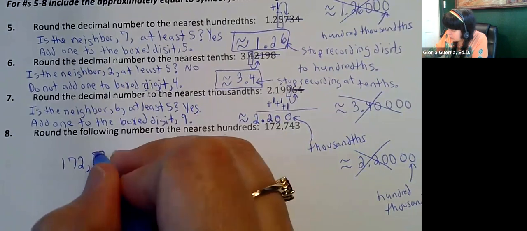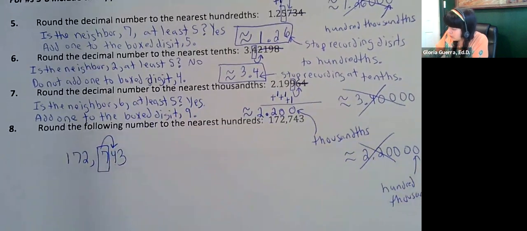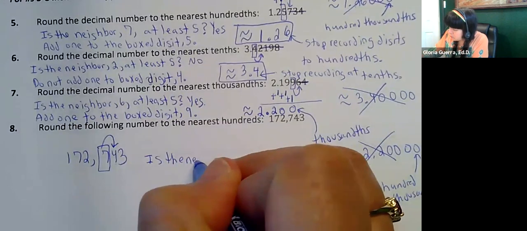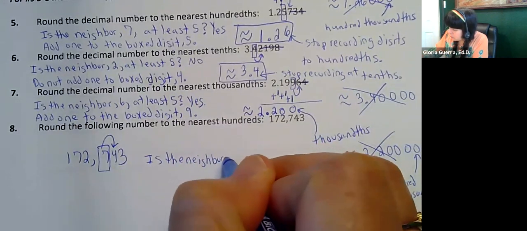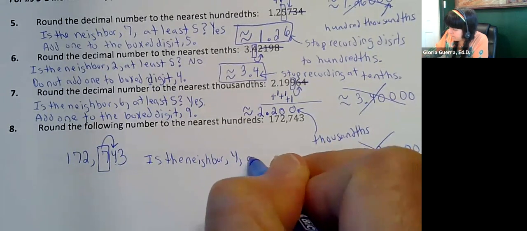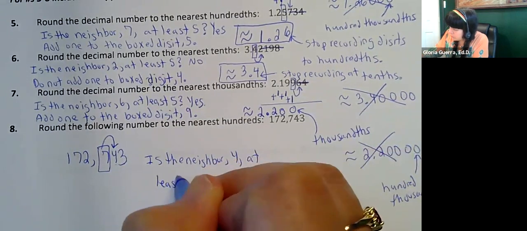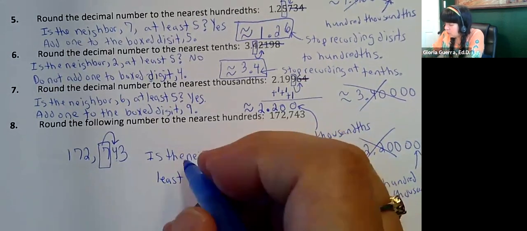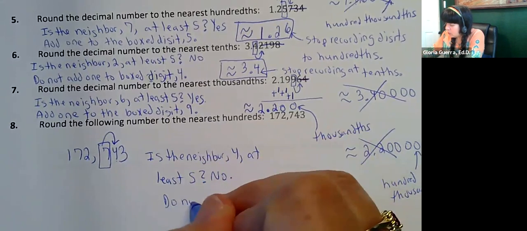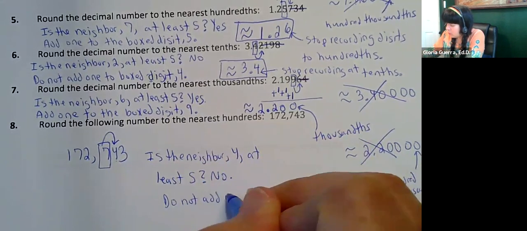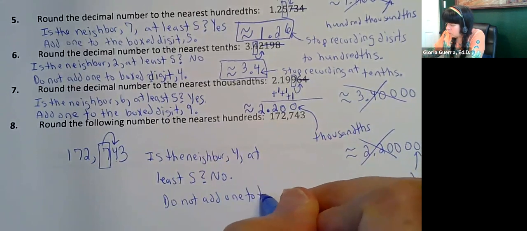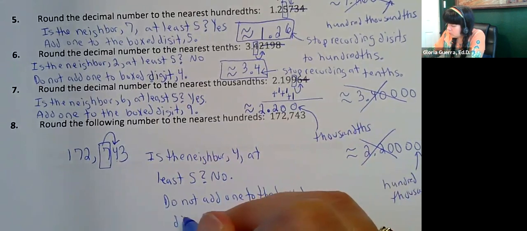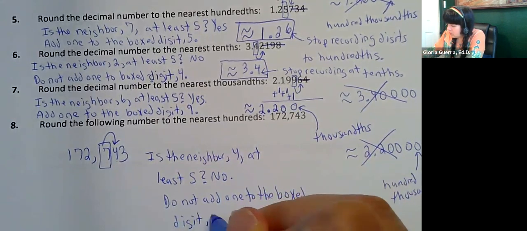Okay, and then you look at the neighbor. And the question is, is the neighbor 4 at least 5? And you would say no. So then do not add 1 to the boxed digit 7.